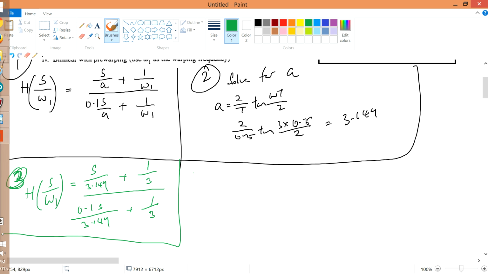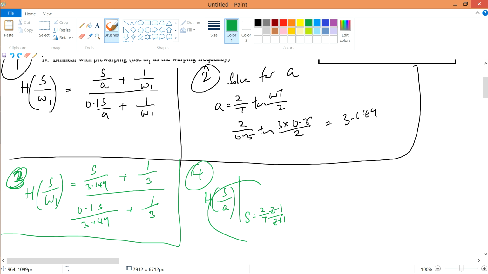But anyway, the next step is the fourth step. So what I will write is this. In fact I should also write this as S divided by A now, because I actually changed the A itself. This is some notation that you may need to understand.